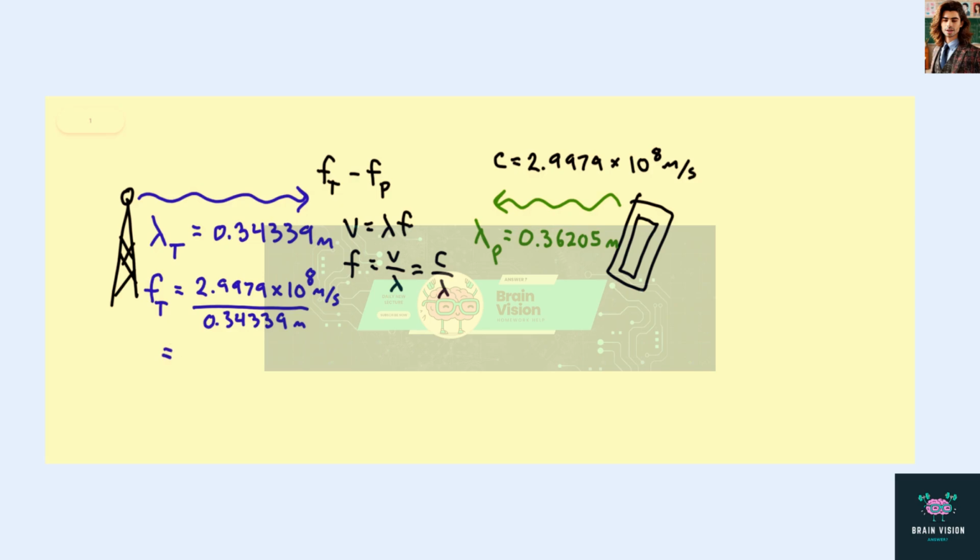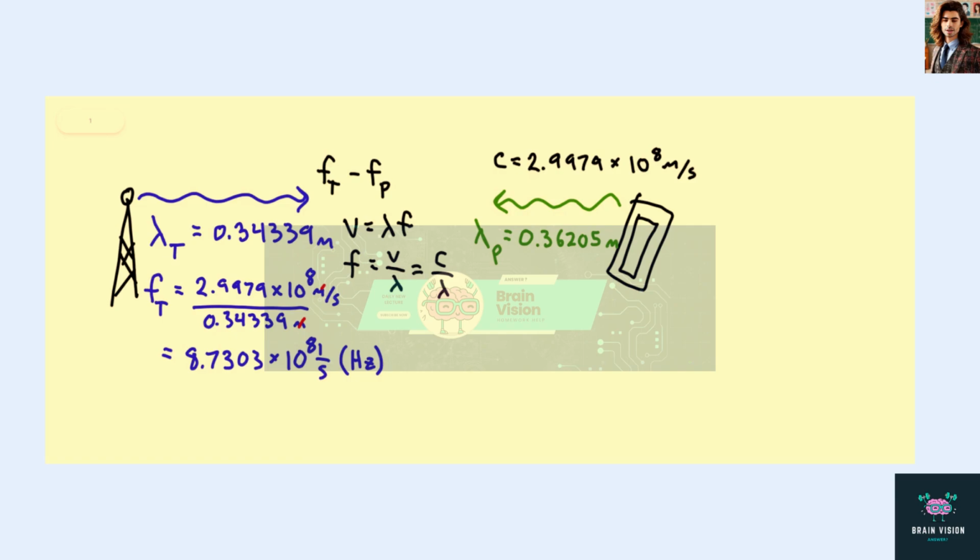Plug that into your calculator, and you're going to get something like 8.7303 times 10 to the 8, and the units of meters will cancel out, and what's left is 1 over seconds, but we also call that hertz, so you can just use hertz for the units of 1 over seconds.